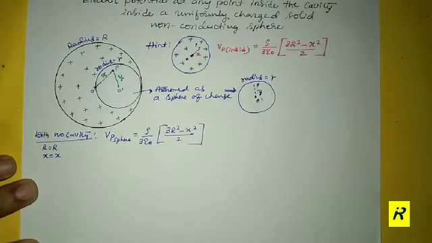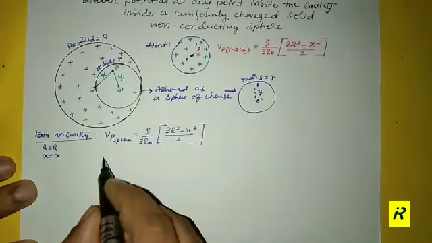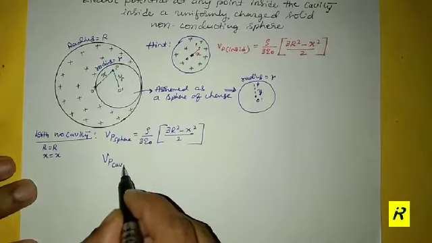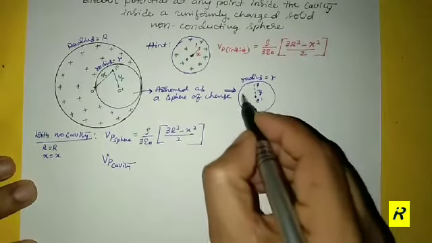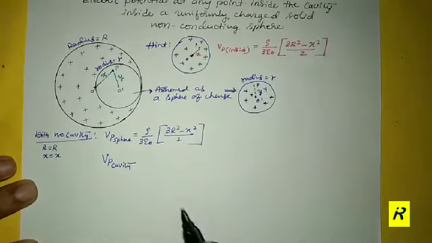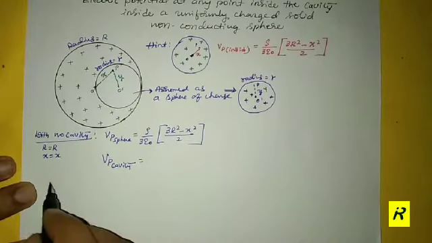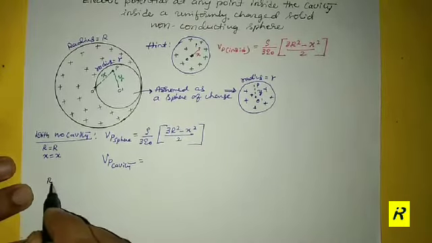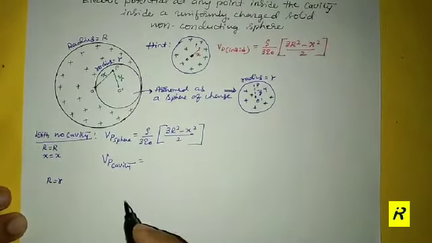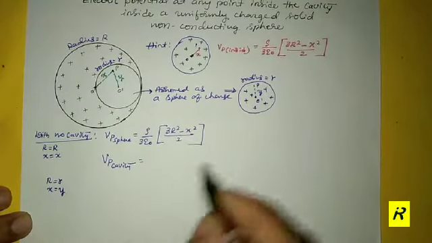Here is P. So only for this portion, the electric potential at P due to the part of the cavity, where the charge is distributed uniformly inside, is obtained by substituting radius r and x equals y.